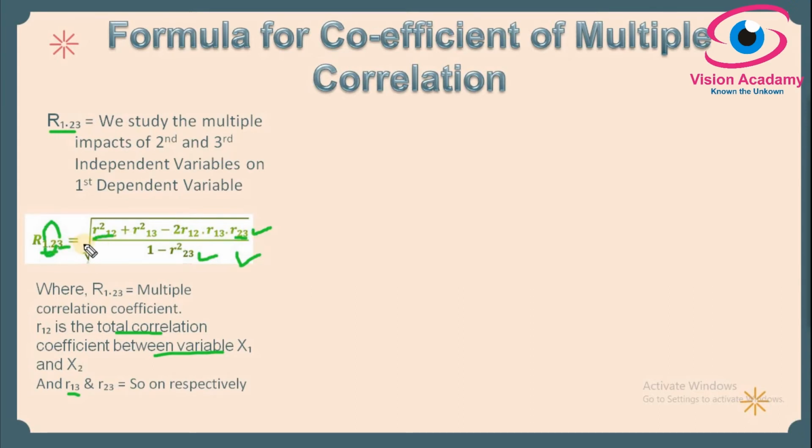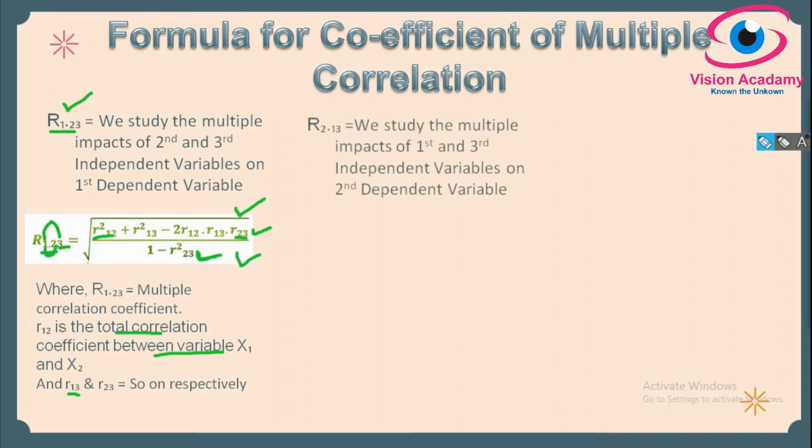R23 means only independent variables, and in the denominator also only independent variables. This is very easy to understand. Otherwise you have to worry about retaining the formula in your mind. That is why you need to concentrate on the logic used here. So we have understood the formula of R1.23. Now let us consider the second multiple correlation coefficient, R2.13.